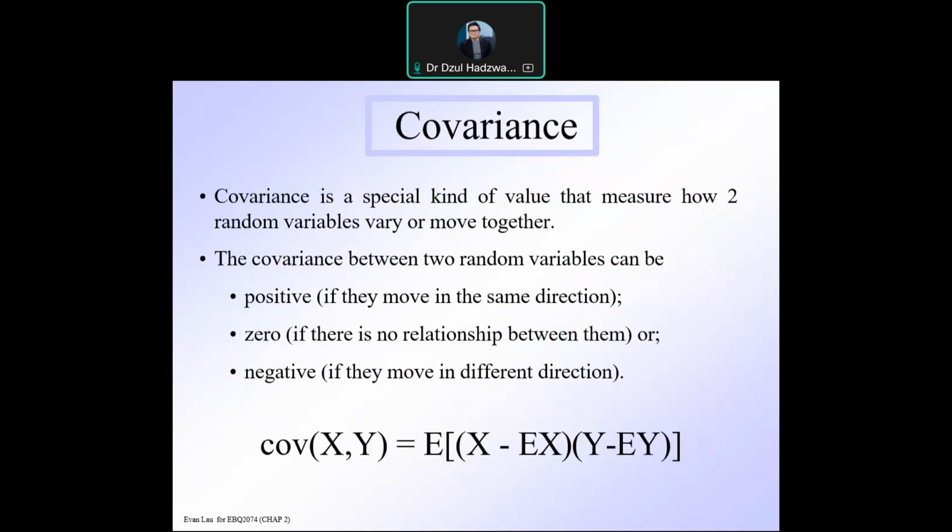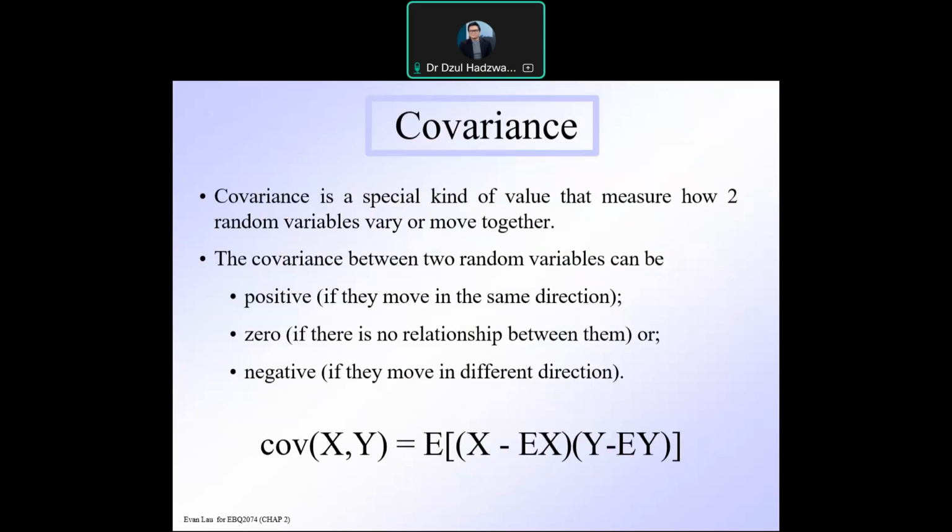So, meaning to say that the covariance will provide you evidence in mathematical terms. So let's say the covariance value between expenditure and income should be positive. So definitely the covariance value is positive.